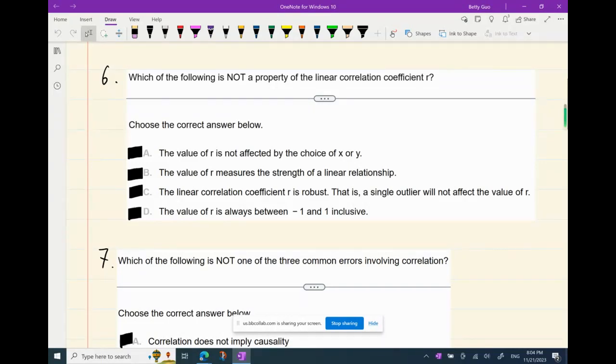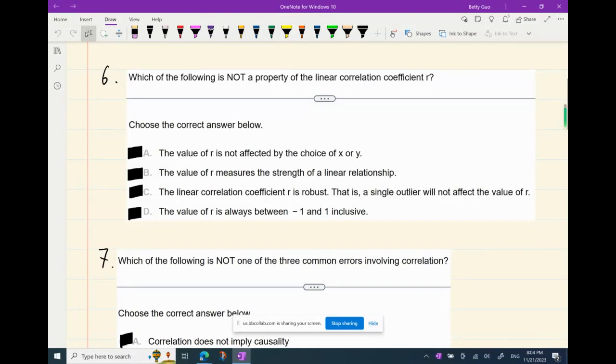Let's look at the last answer choice, D. The value of R is always between -1 and 1, inclusive. Inclusive means R could equal 1, and R could also equal -1. When R equals 1, the positive linear correlation is very, very strong. When R equals -1, the negative linear correlation is very, very strong.